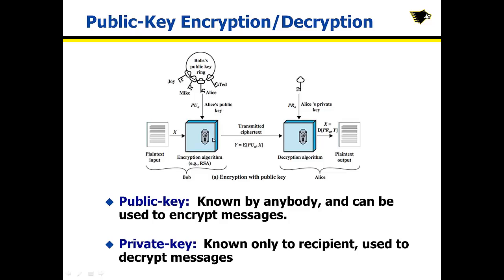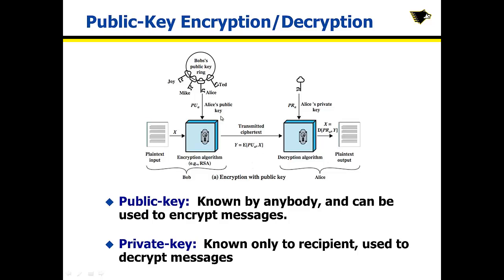Then we get ciphertext. The ciphertext is transmitted to Alice's side. After Alice receives the ciphertext, she uses her private key to decrypt it, and then gets the plain text again.